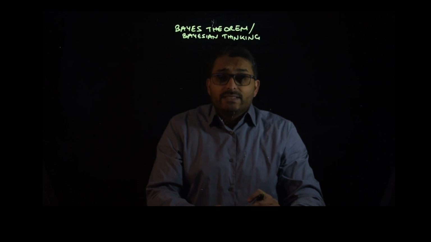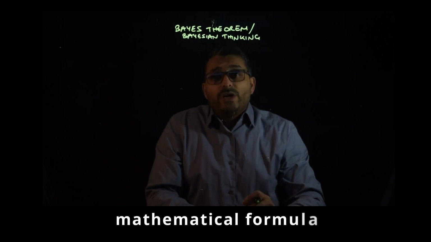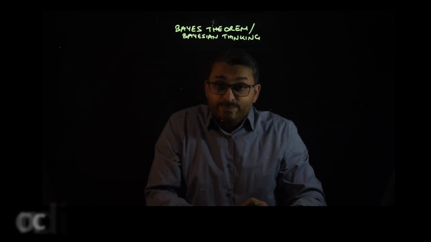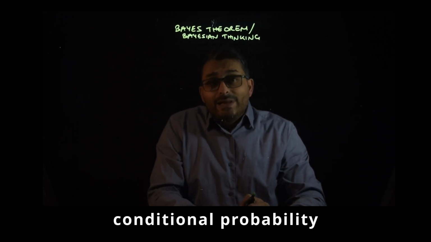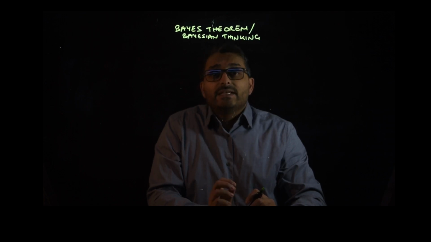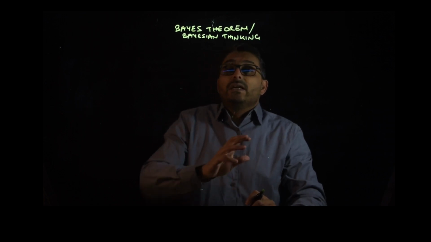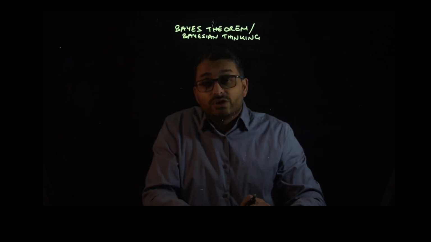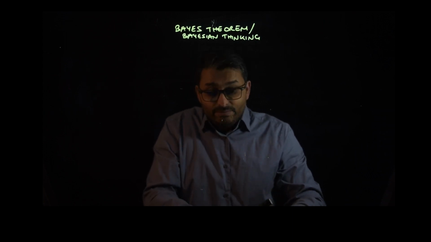Bayes' theorem is a mathematical formula which we can use to work out a conditional probability. A conditional probability is simply the probability of an event given that we assume, presume, or know another event has also already taken place.